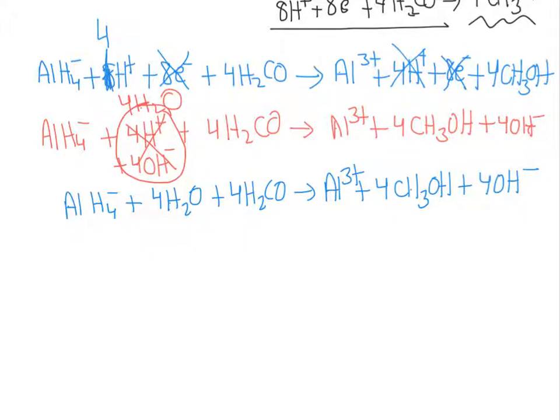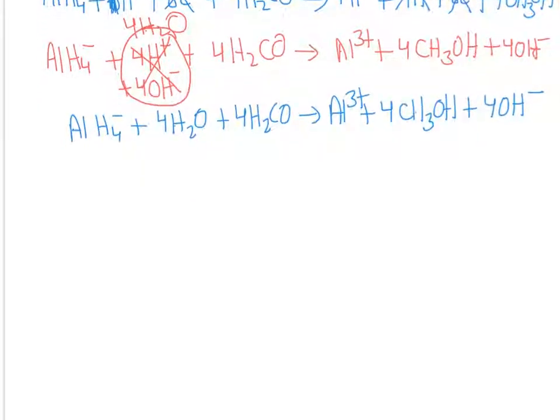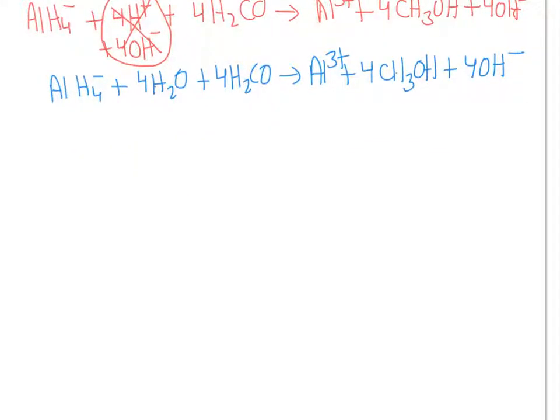So step 9, it should be balanced. Just check mass and charge. So let's do that together. So let's make a list of the stuff we need to check. We need to check aluminum, hydrogen, oxygen, carbon, and then the charge. Let's start with aluminum. 1 aluminum, 1 aluminum, that checks.